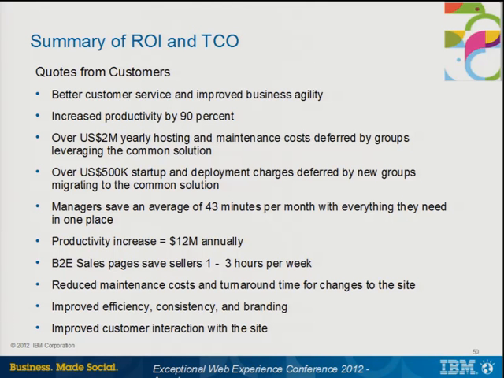Again, looking for that total cost of ownership and ways to streamline things, to gain efficiency, and to make sure that you've got a good financial model as well as a good information architecture.